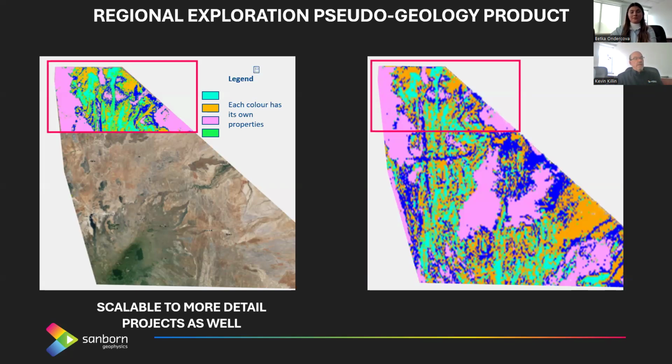We then took the data for the rest of the survey and calculated the exact same clusters based on that geophysical data, and we were able to produce a regional geologic map. There's actually other geology throughout the area, and that is being followed up at this time to ground truth the results. So with that, this is also scalable to project size areas.